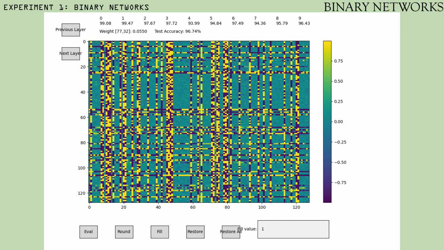The test accuracy is the accuracy on the validation dataset, and the top part with the digits 0 to 9 is the accuracy for each digit. This is the first hidden layer, not the input layer, and it consists of 3 parts. First is the vertical strips.